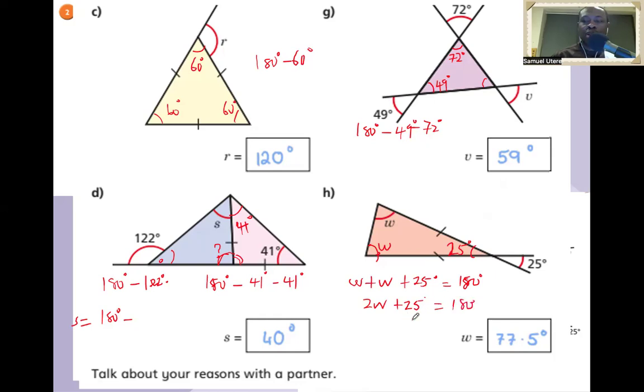We subtract 25 from both sides, and we'll now be left with 2W equal to 155. And then when we divide this by 2, we'll get our answer that we have right there.